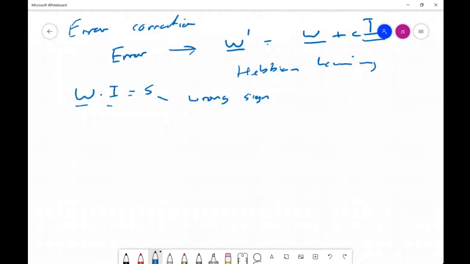We did a bit of mathematics, which enabled us to calculate C, and we found a correction factor C equals minus 2S over I dot I. This is the correction factor, this is the error from the current input pattern, and this is the current input pattern. If we use that, we can guarantee that we have a new weight vector that will get the previous pattern correct. So we're correcting the error, but of course it might introduce other errors. So that's the theory behind the training.